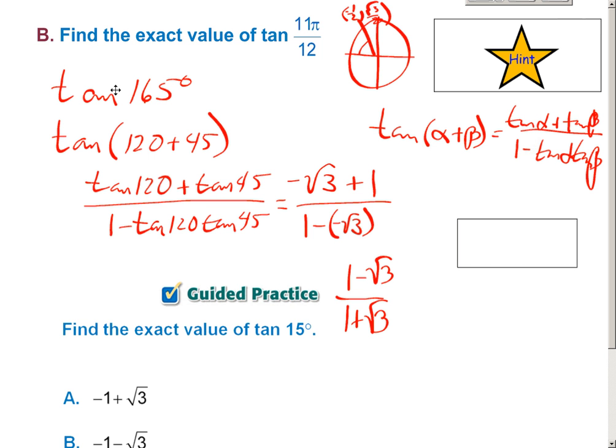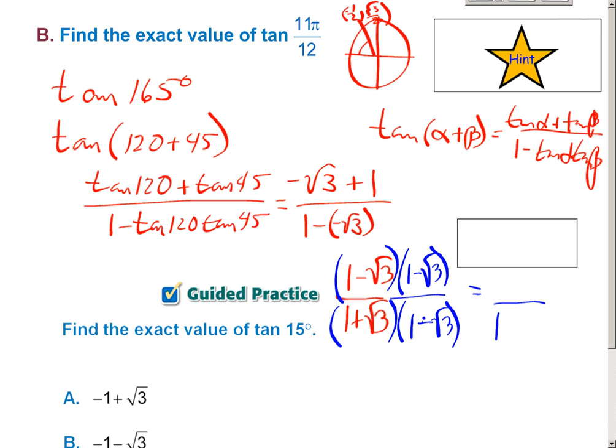And what do we need to do with that? Get rid of the square root in the denominator. We do that by using the conjugate. So we're going to multiply numerator and denominator by 1 minus the square root of 3. Okay, so our denominator is an a minus b times a plus b. So that's going to be 1 minus 3 for the denominator.